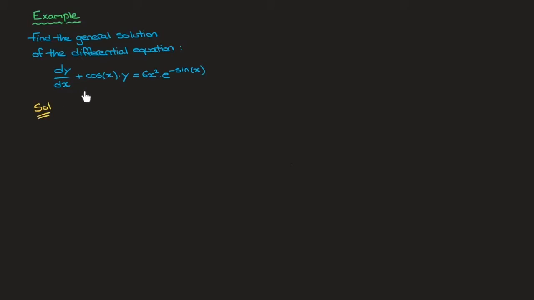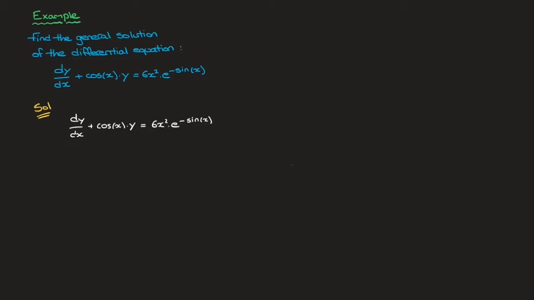And just to make sure we can see this equation clearly, I'll quickly copy it in white here. That's dy/dx plus cosine of x times y equals 6x squared times e to the negative sine of x. Looking at this equation, the first thing worth pointing out is that there's no function of x multiplying the dy/dx.